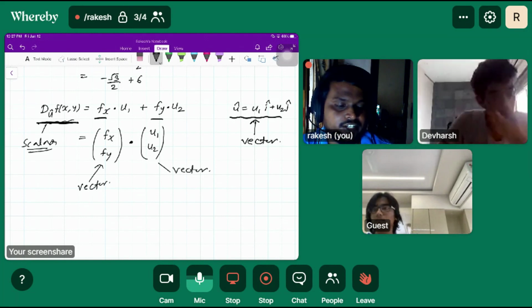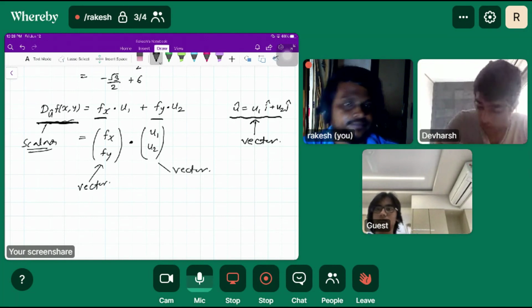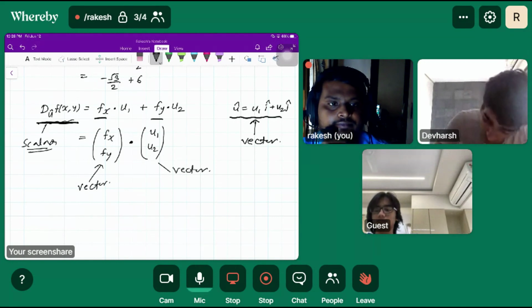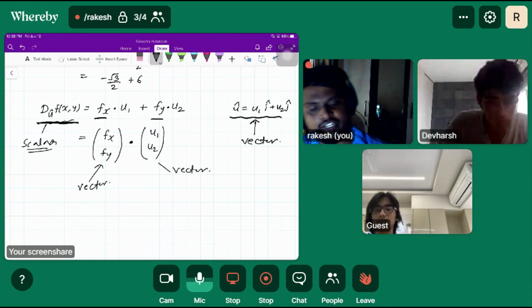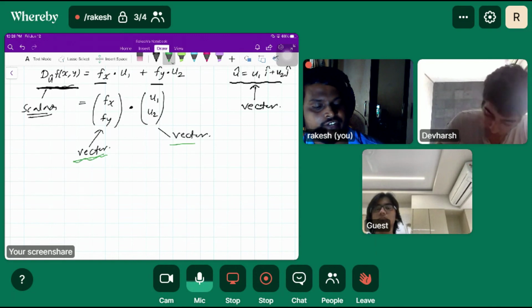Because only if you find the dot product, we will get a scalar quantity, isn't it? So this vector has a certain name. This vector is a unit vector.